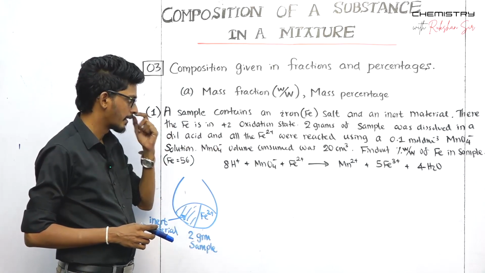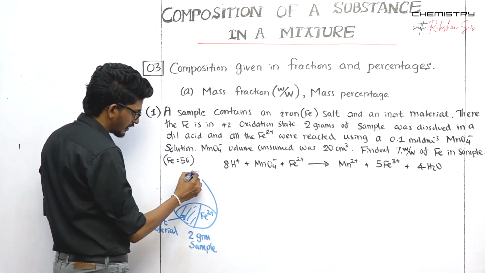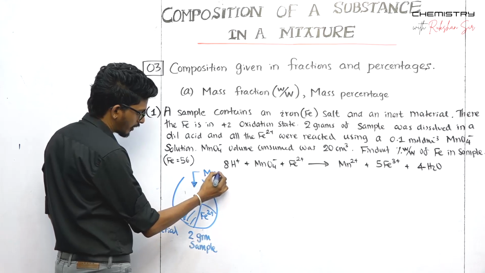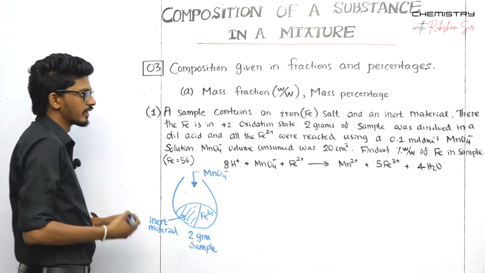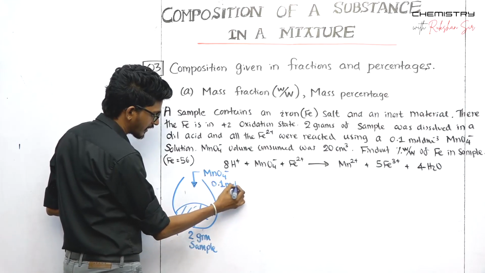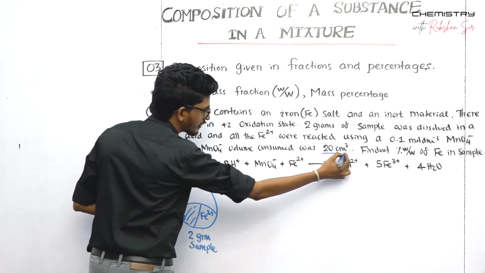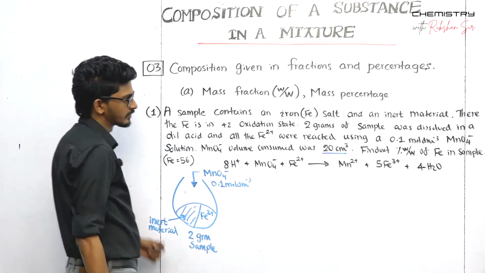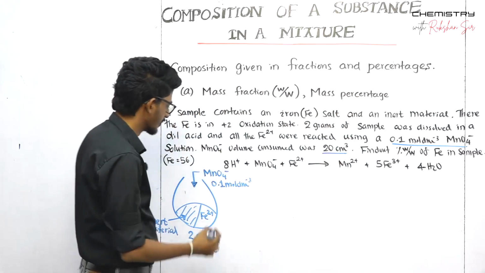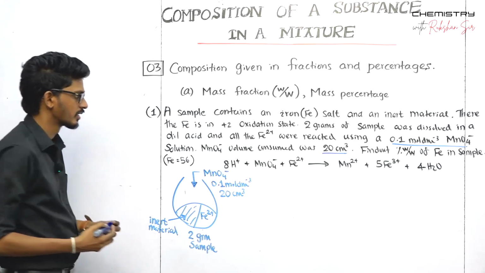MnO4 minus volume consumed was 20 cubic centimeters. So you have added some MnO4 minus with 0.1 molar concentration. These are the data available in the question, and 20 cubic centimeters of 0.1 molar MnO4 minus was consumed to totally react with the Fe2+ appearing here, right?